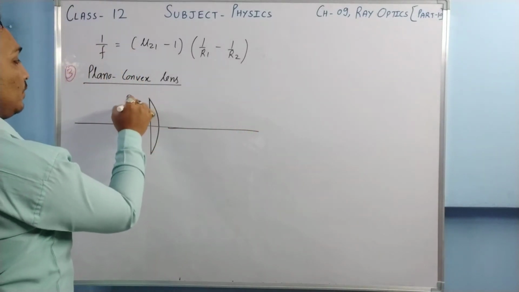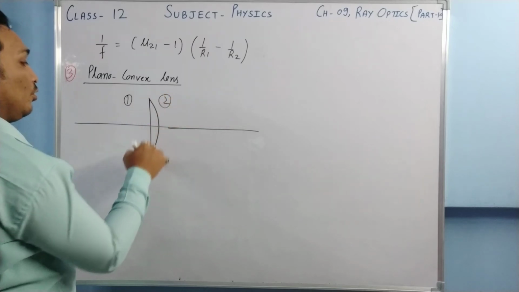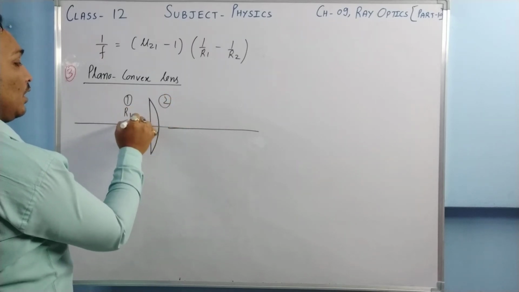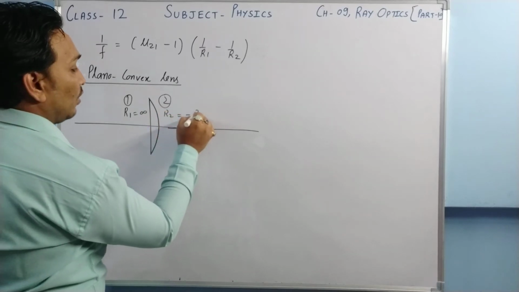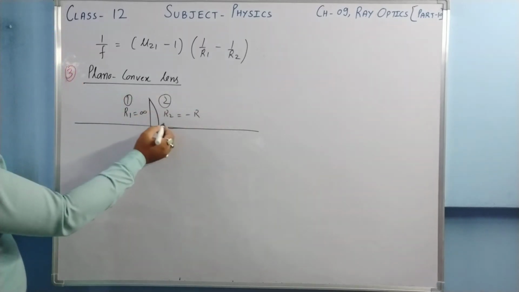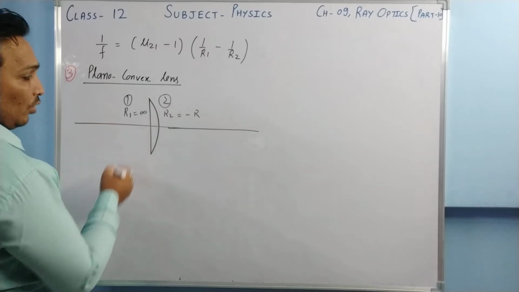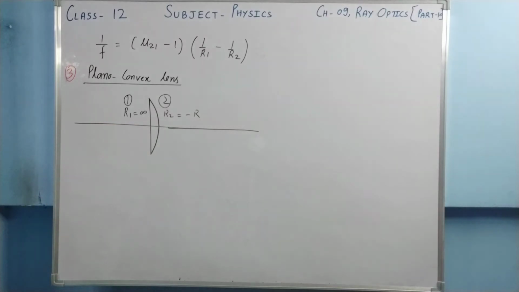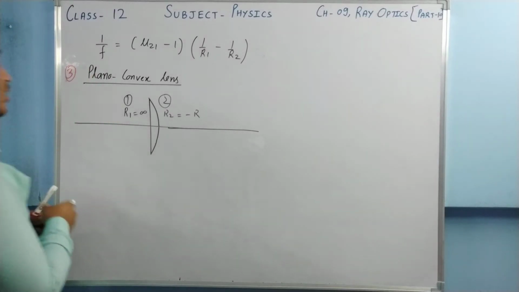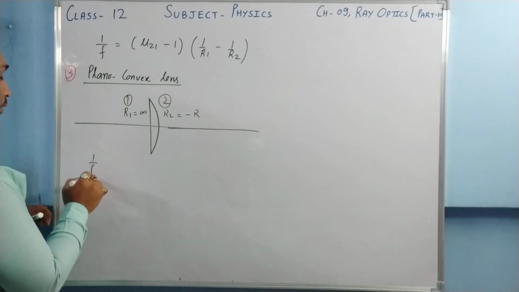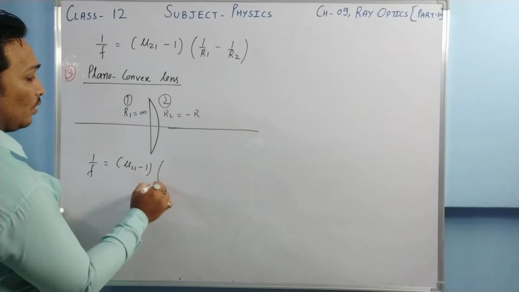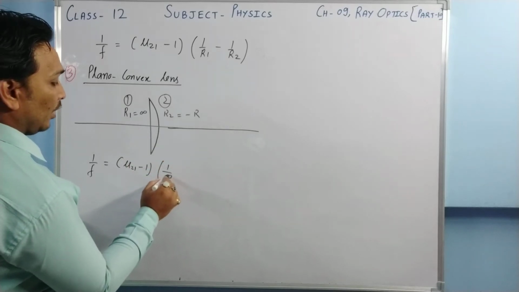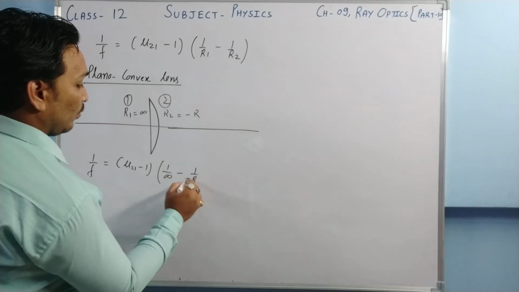Now for this plano-convex lens, as you can see, this surface is plane. This is going to be the first surface. For this surface, R1 is going to be infinity. For R2, it is negative R, because for R2 the radius of curvature will be on this side. So if we apply Lensmaker's formula, we have 1 upon f equal to mu21 minus 1 times (1 upon R1, which is infinity, minus 1 upon minus R).